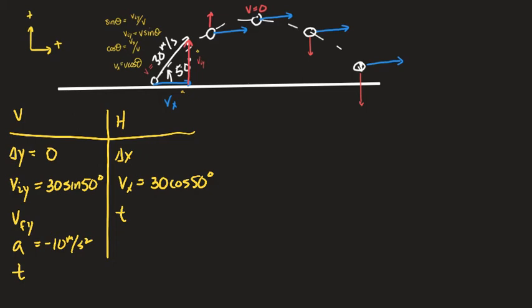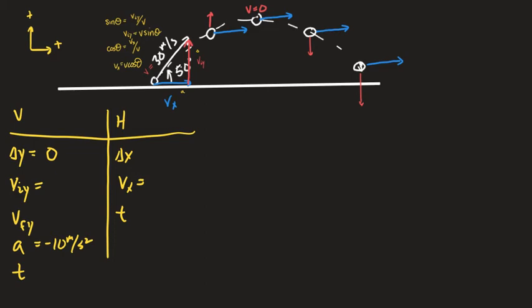Now, we're going to go ahead and execute this problem, but to do so, I need somebody to figure out what those two velocities are. So can we do that real quick? Somebody do 30 sine 50, and somebody do 30 cosine 50. 30 cosine 50 is 29?